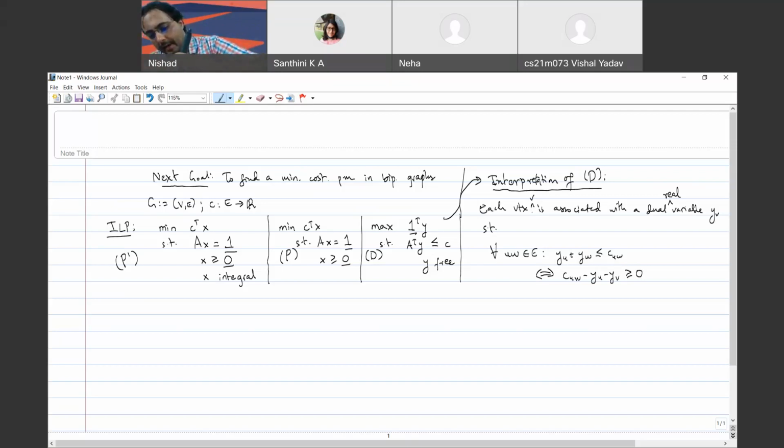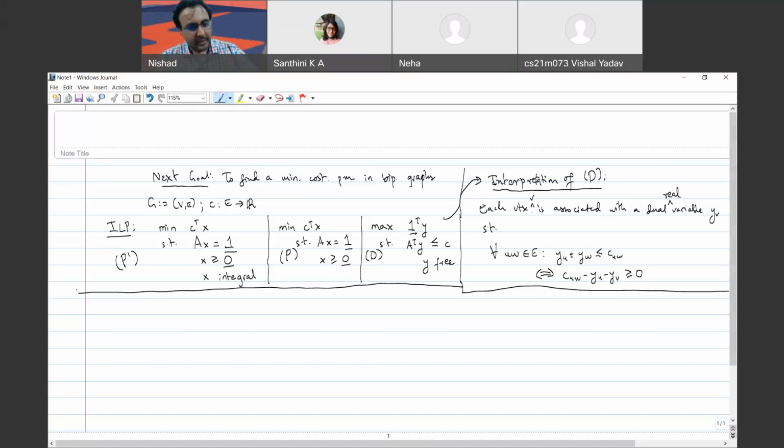All right, and let's do the standard stuff. Let's try to think about weak duality and complementary slackness, and let's try to get combinatorial interpretations of those. Okay, so let's consider weak duality. So let's say I have a feasible solution to the primal and a feasible solution to the dual.